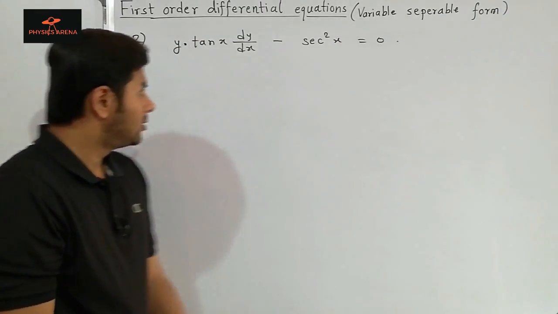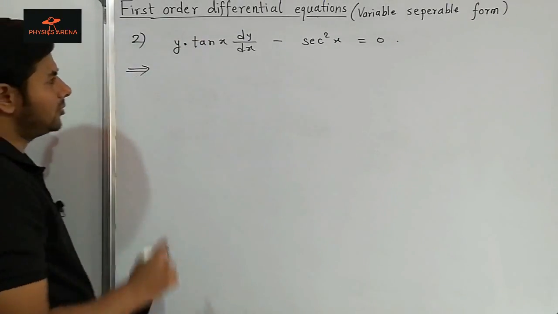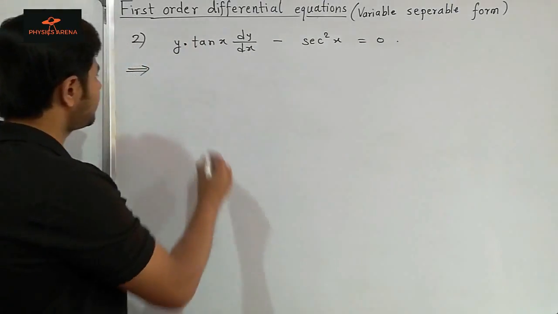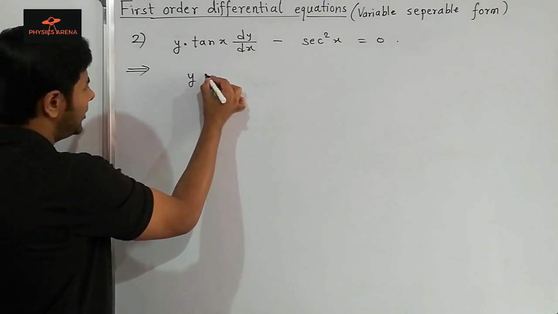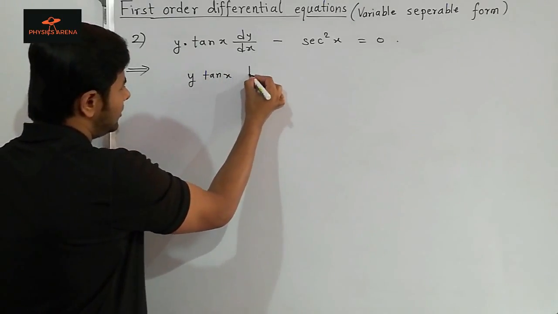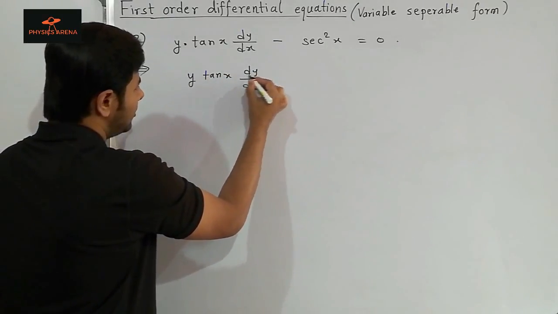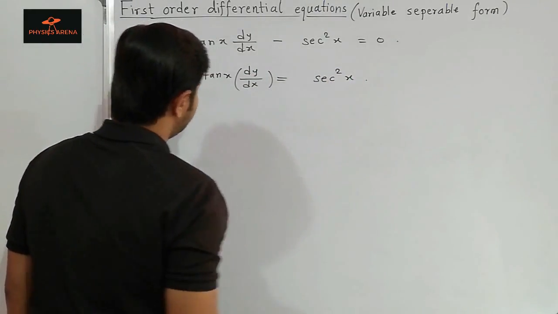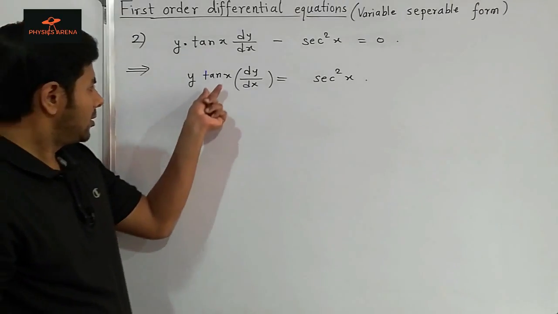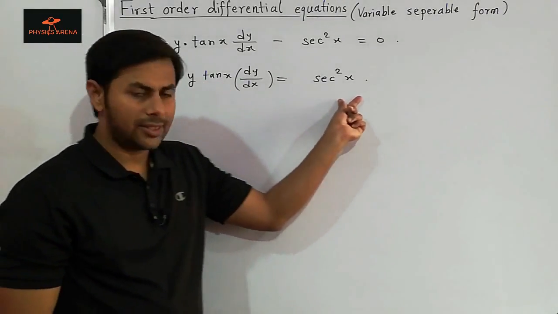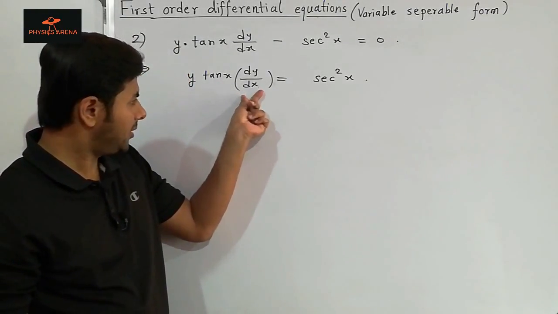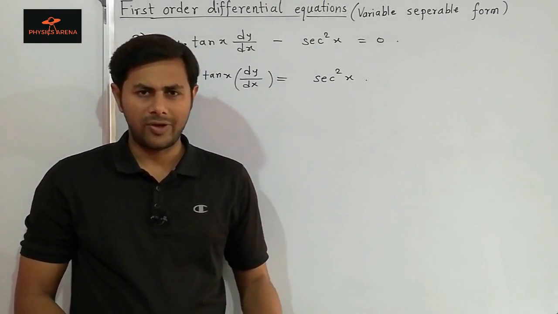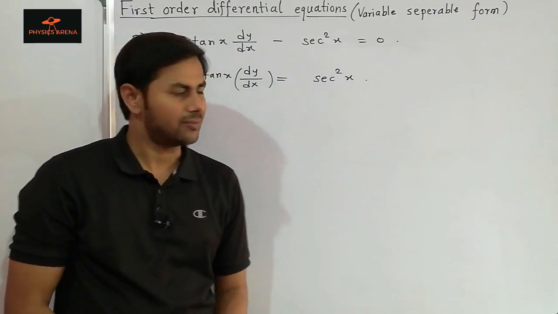First thing we'll do is take the sec square x on the other side. So this is y into tan x dy by dx equals to sec square x. Now let's take this tan x on the other side and dx also on the other side, so the functions of y and x will be separated.